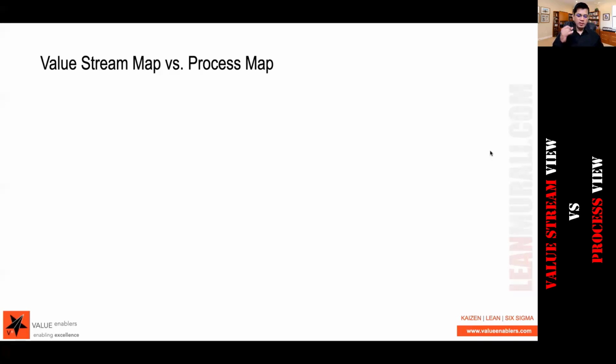I keep repeating it 1,000 times. It is very important to understand what we want, and then we should choose the map. What is our objective of representing something visually?